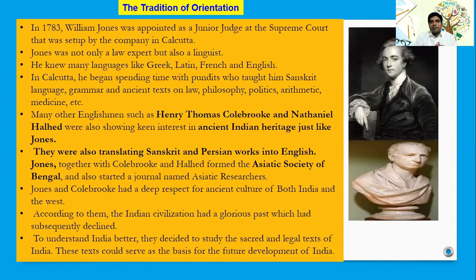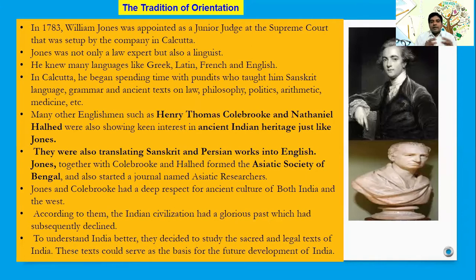Jones and Colebrooke had a deep respect for the ancient culture of both India as well as the West. They never disrespected either the West or the East. They respected both the ancient cultures.